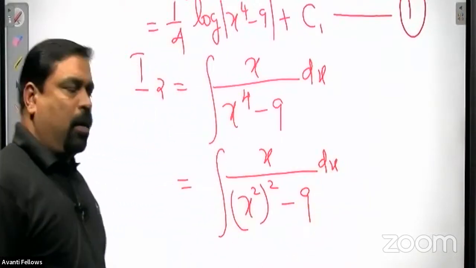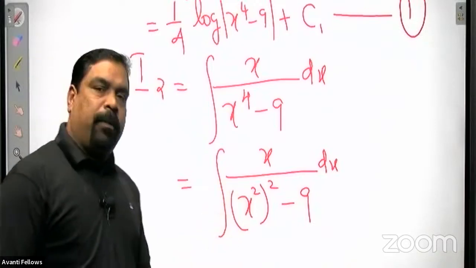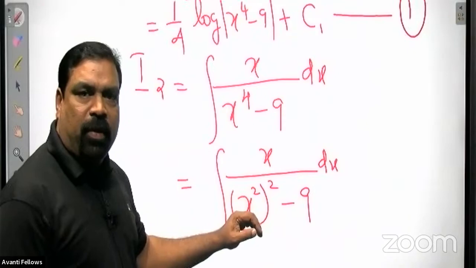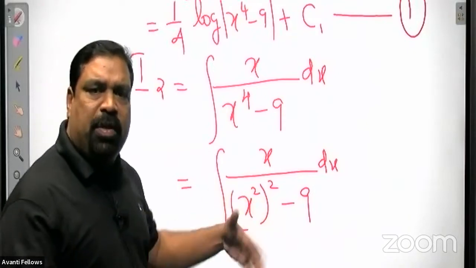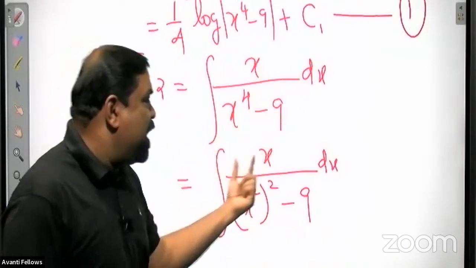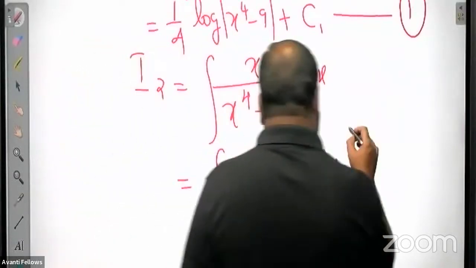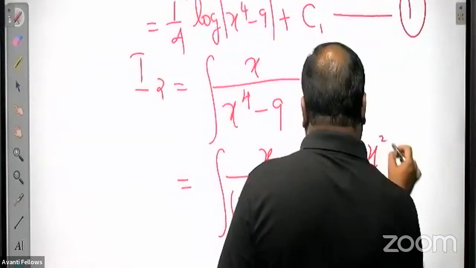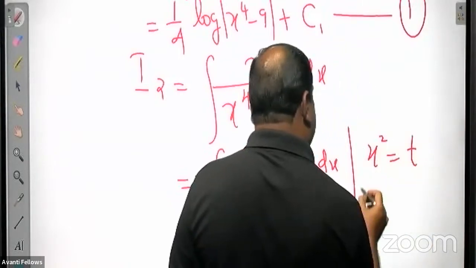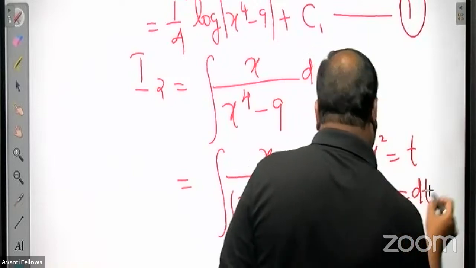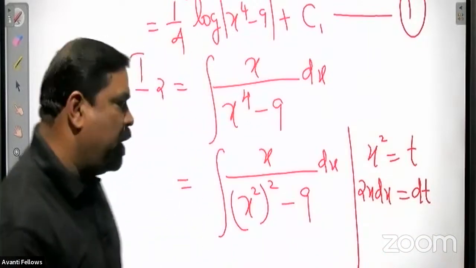Why write it like this? Because if you substitute x square as t, the derivative of x square is 2x, and x is already there. So x square equal to t means 2x dx equal to dt, or x dx is equal to half dt.